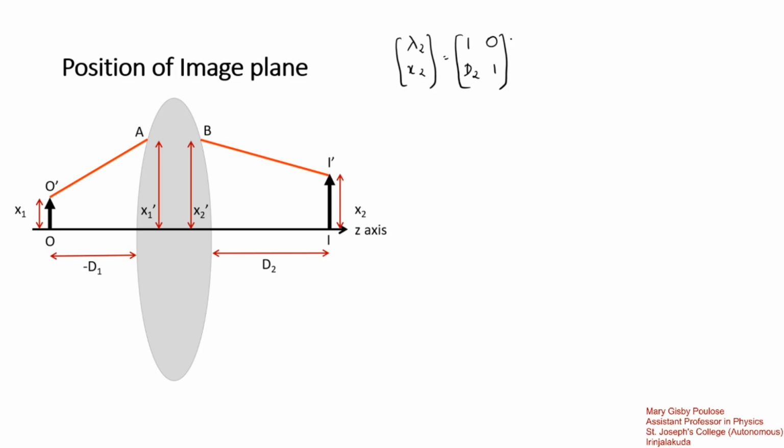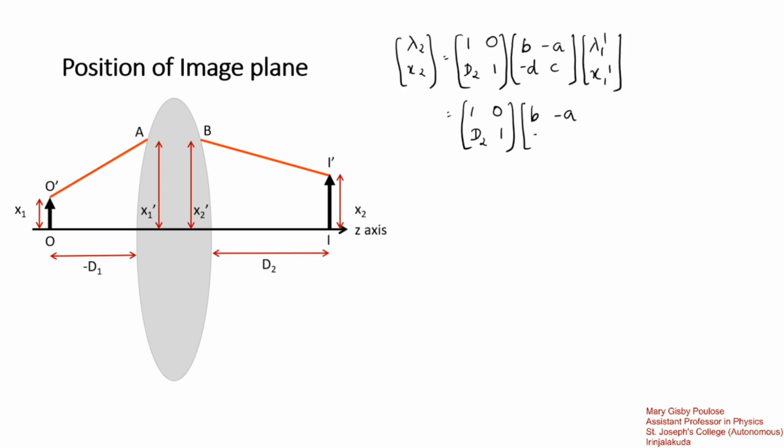Now instead of lambda 2 prime x2 prime, I can substitute the second equation as b minus a minus d c upon lambda 1 prime x1 prime. Again, substituting for lambda 1 prime x1 prime, I can write this is equal to 1, 0, d2, 1 into b minus a minus d c.